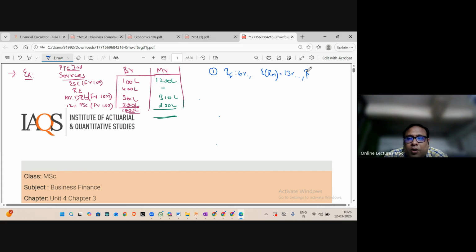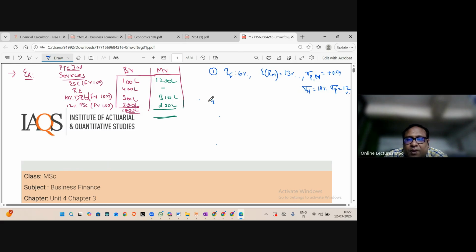Beta, I'll just take away the beta. Correlation of PTC with Nifty is plus 0.9. Sigma of Nifty is 18. Sigma of PTC is 12.